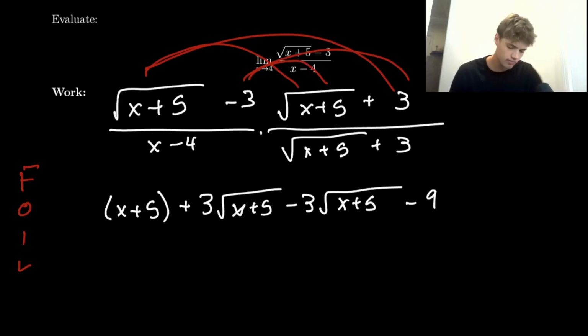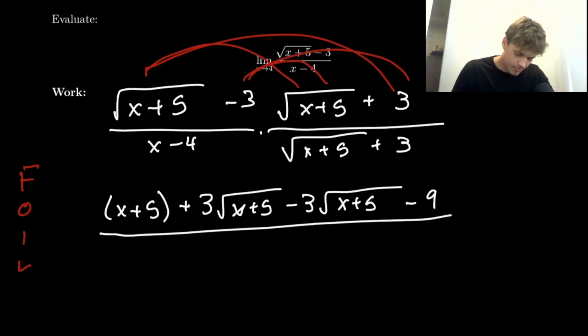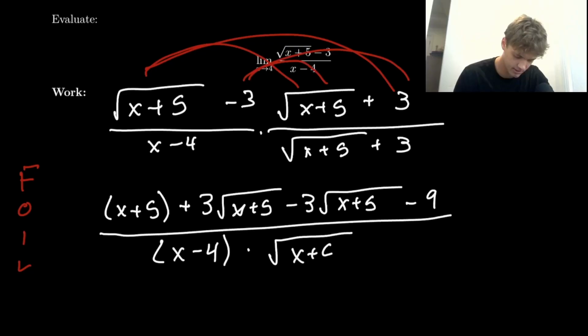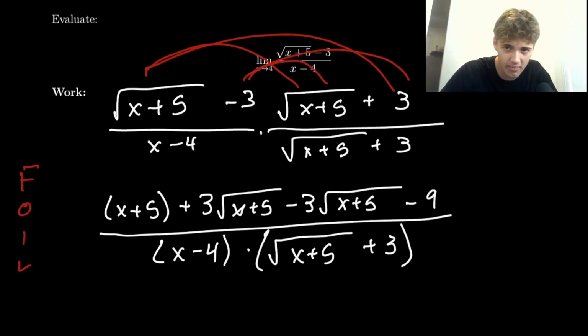So, on the bottom, the simplest way to do it, and you'll get used to it as you see more of these problems, is we can just say that x minus 4 was getting multiplied to this thing right here. We don't actually have to do any foiling on the bottom. And the reason is it helps us cancel things out later.